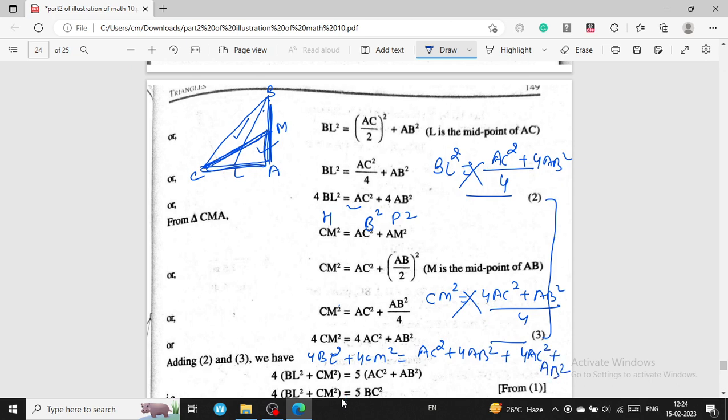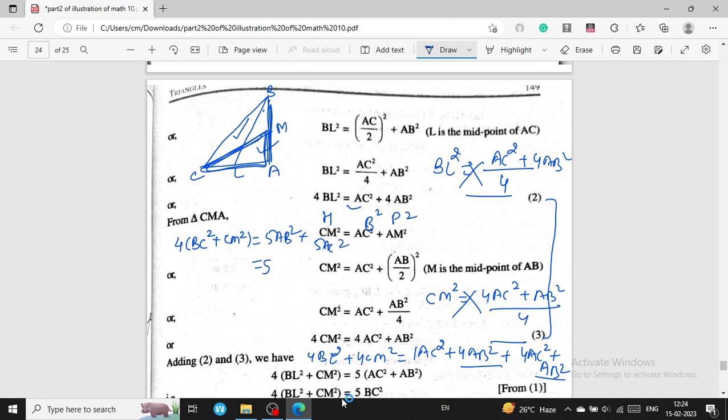You can see, when we add both sides, we find that 4 is common. BL square plus CM square is equal to 4AB square plus 1AB square, that is 5AB square, and 1AC square plus 4AC square, that is 5AC square.